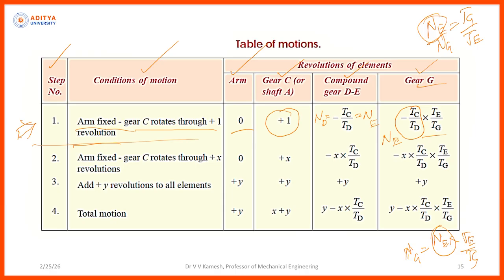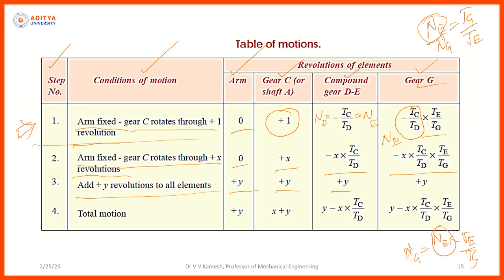What is second? Multiply all the components with X. Arm fixed, gear C rotates through X revolutions. So, 0 into X, plus 1 into X, minus TC by TD into X, TC by TD into TE by TG with minus into X. Then add Y revolutions to all the elements because you are having one epicyclic gear train.